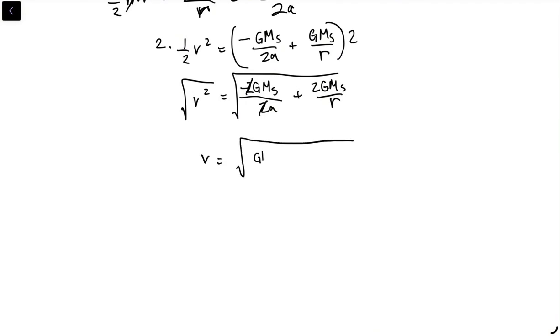And then we can take out the G and then the mass of the sun out because we can. It's a common factor in both. And then I'm going to keep this 2 on the side because it's positive here and then it's negative here. So minus 1 over a.